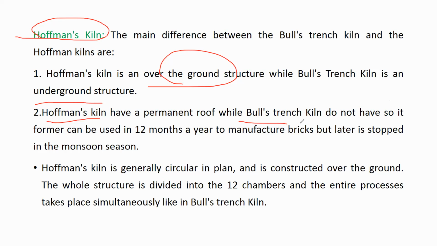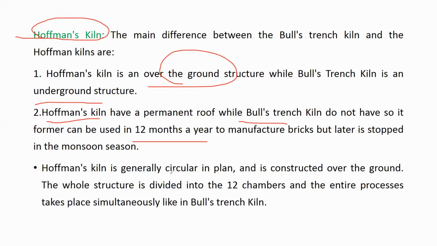It can be used for 12 months a year. There is no effect of the monsoon season on burning in the Hoffman's kiln, so every day you can produce bricks for all 12 months.